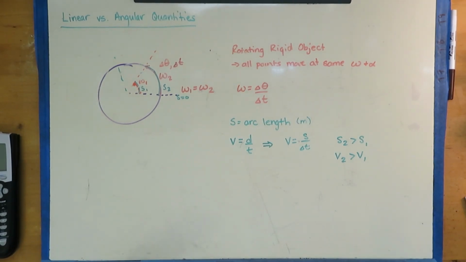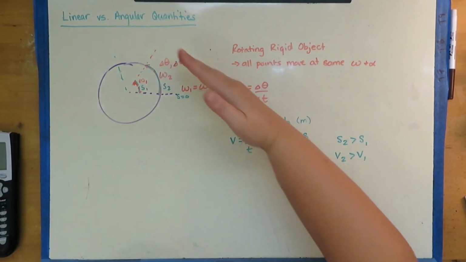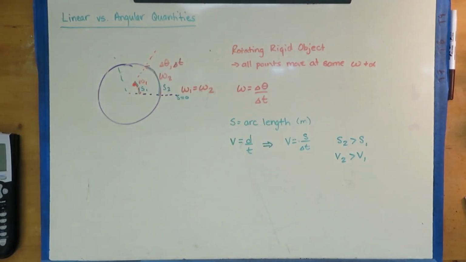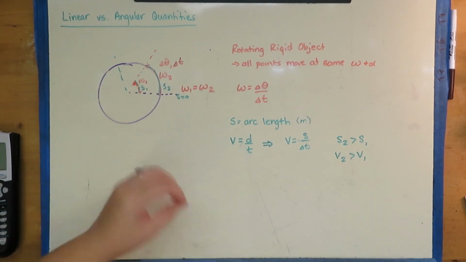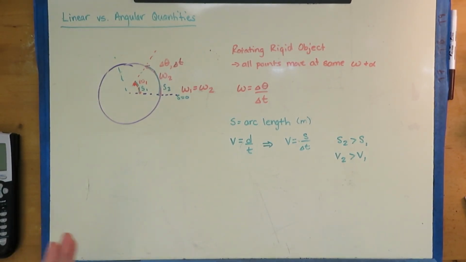Well, if you were to pause your video and watch it in slow motion, you probably would have seen it actually move approximately in a straight line. And that's what happens: objects, according to Newton's laws, want to move in straight lines. Objects have a tendency to move in a straight line unless there is some sort of force pulling them towards the center. Well, we haven't talked about the forces that allow objects to move in circles yet.